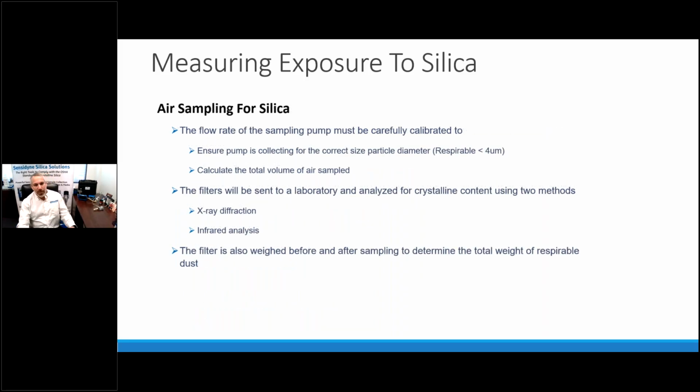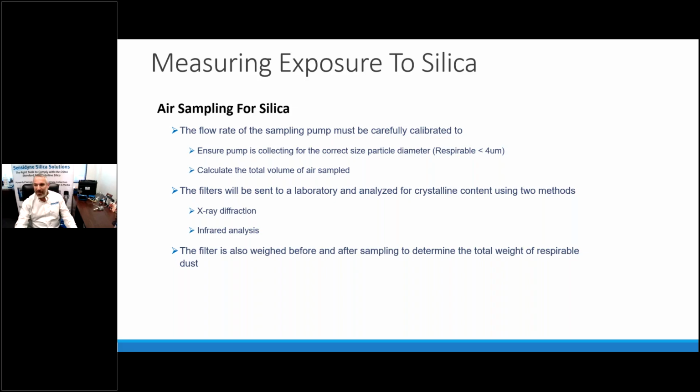So back to air sampling for silica, the flow rate of the sampling pump must be carefully calibrated. Why? Because you're using a size selective sampler that basically operates off the principles of particle flow dynamics.